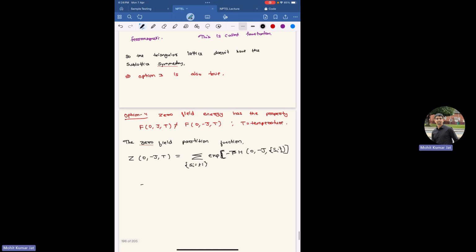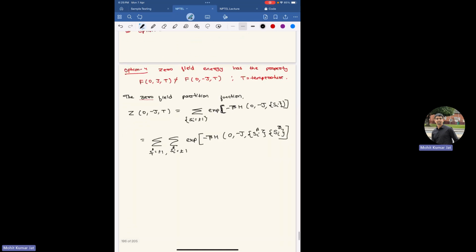So we can write it as the summation over Sia equals plus minus 1 and the summation over Sib equals plus minus 1 of the exponential of minus beta H0 minus J Sia Sib, since two spins are possible, both of them.